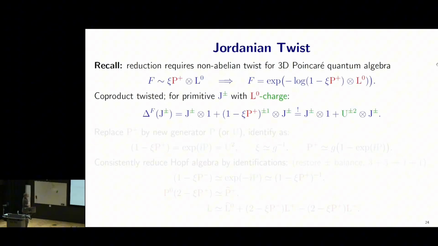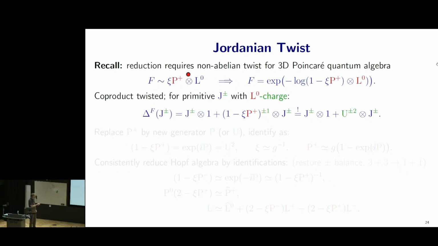Okay, so now let's recall that for this reduction, we have to reduce this 3D Poincaré representation to one dimension, and that required us to do a certain twist of the classical R matrix. This was the classical twist.